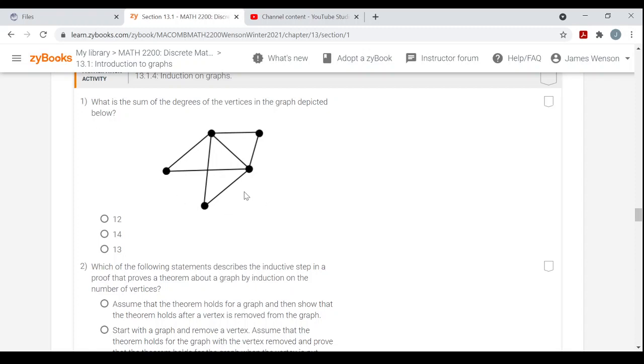So the total degree will be 14. Now if you want to verify this, go around and add up the degrees. 2 plus 4 is 6, plus 2 is 8, plus 4 again is 12, and then plus 2 is 14. So you see again here the theorem is holding. The number of edges doubled is the total degree.